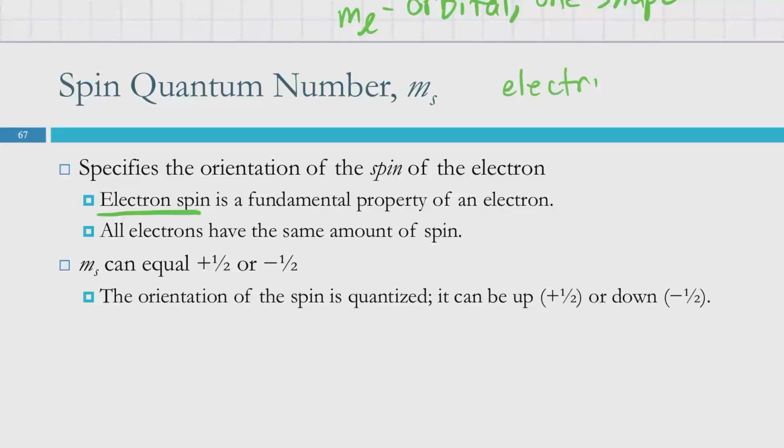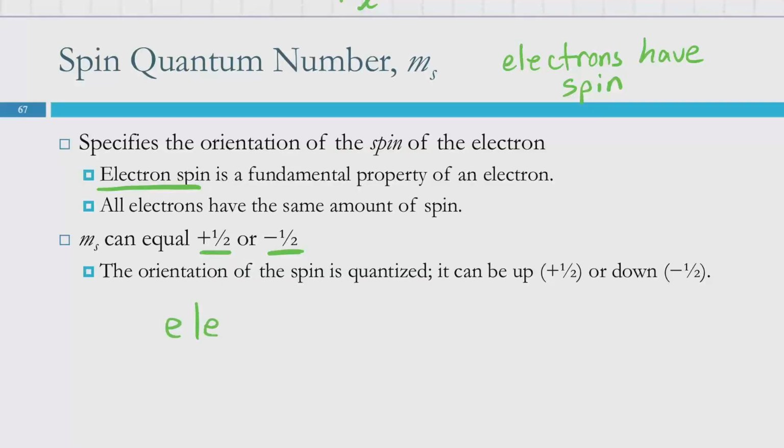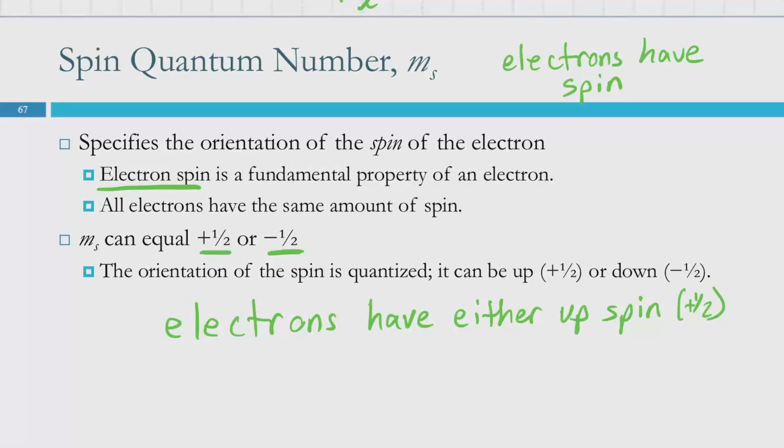So electrons have spin. They all have the same amount of spin. Some of them have positive spin. The values here are positive half or negative 1/2. Electrons have either up spin, that's the positive 1/2, or down spin, which is the negative 1/2.